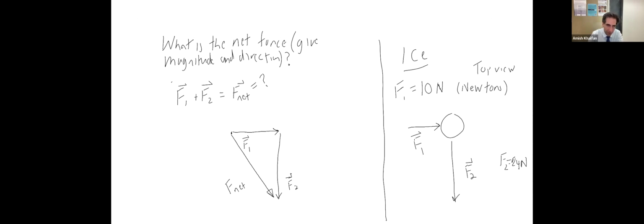And you could see a right triangular configuration, right? Where the length of F1 is 10 newtons, and that of F2 is 24 newtons. Can somebody tell me what is the magnitude of the net force?